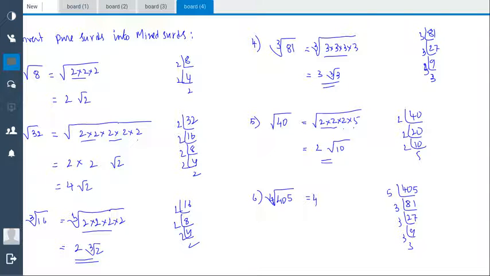So then it is equal to fourth root of 5 into 3 into 3 into 3 into 3. Now what to do? Fourth root is there. Every 4 numbers, one number will come out of the root. It is 3. 3 into fourth root of 5. Right.